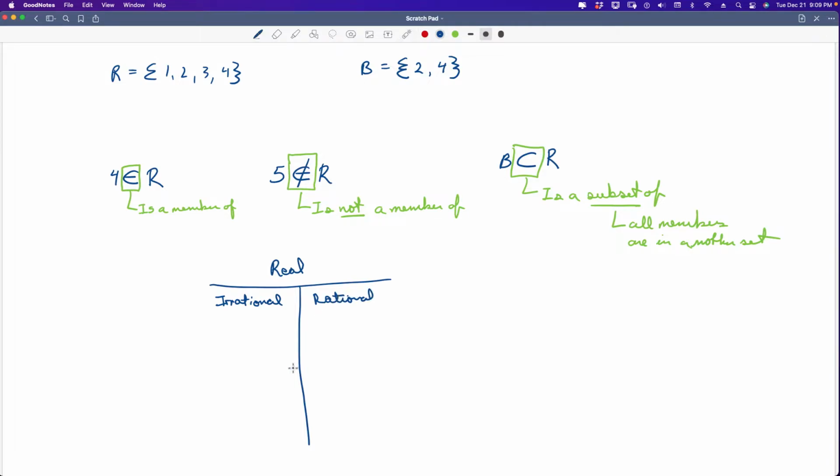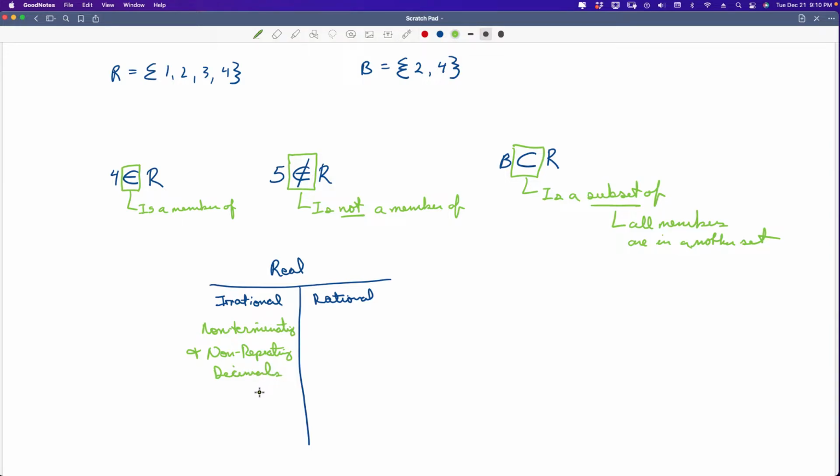Irrational numbers are non-terminating and non-repeating decimal numbers.